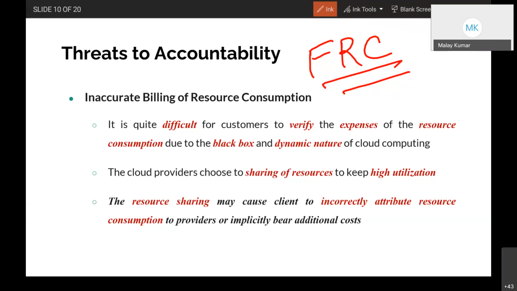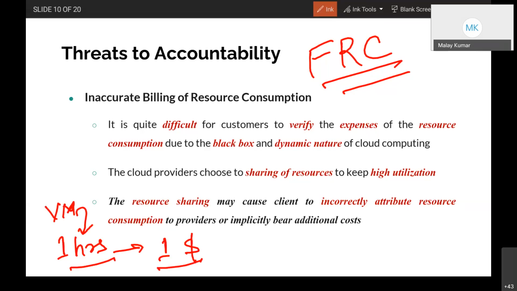So you have started the execution of some of your processes, and it is very likely that you are not using 100% of that virtual machine. Let's say for 1 hour of usage of a virtual machine you are charged $1.